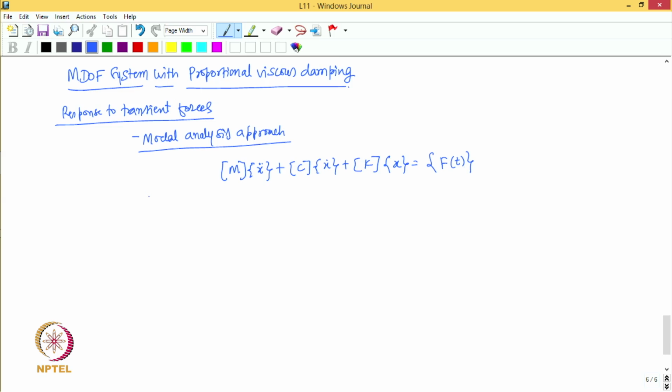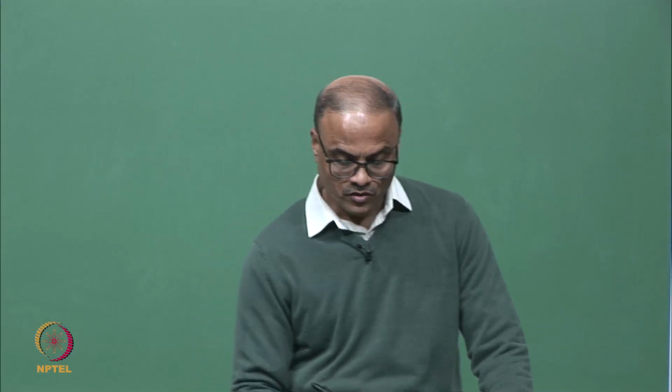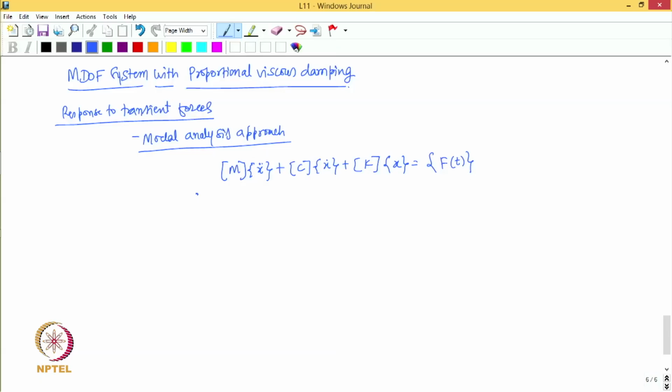So, now we can use the eigenvectors of the corresponding undamped model, right, in order to diagonalize these equations of motion, right. So, we first consider the modal transformation in terms of the eigenvectors, which are the mass normalized eigenvectors, right, and y is the vector of modal responses.